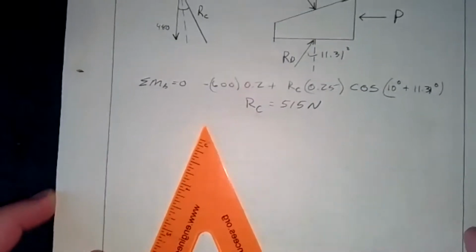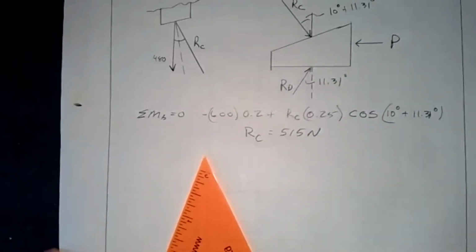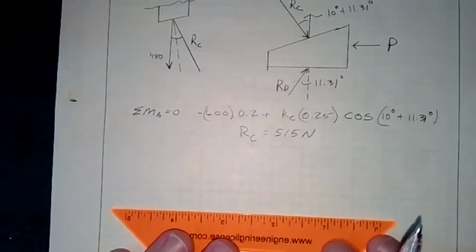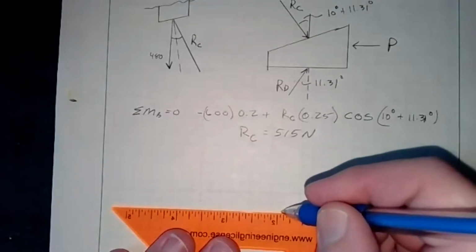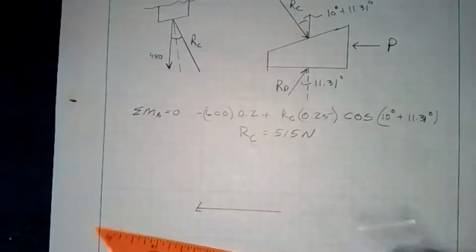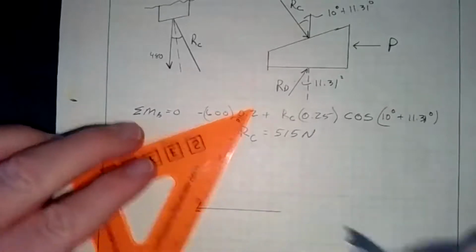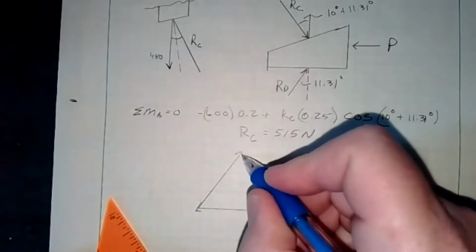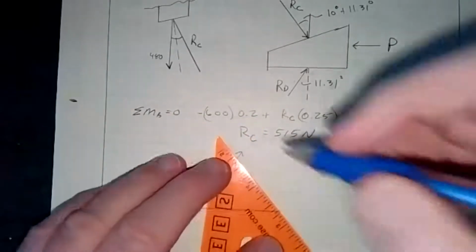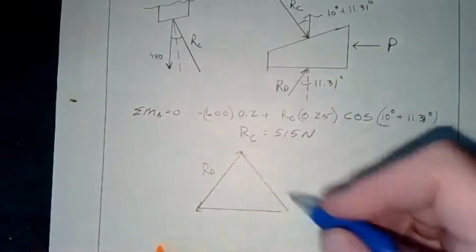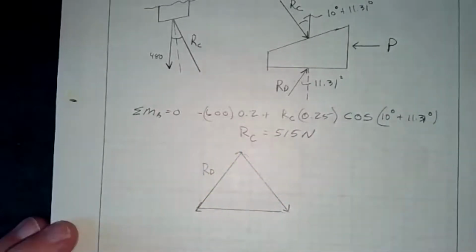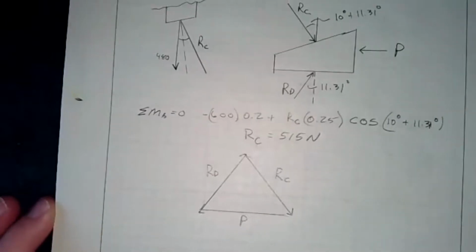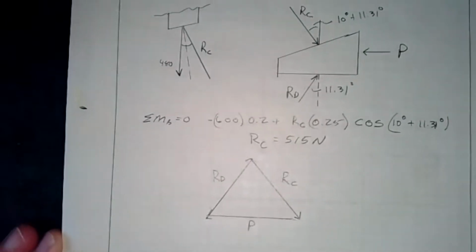is something like this. Now remember, with the force triangle, we always draw it based on the geometry of what we have. So we know that P is going this way, and we know that RD goes up like this, and RC comes down like that, right? So there's RC, P. Okay, so now what are our angles?